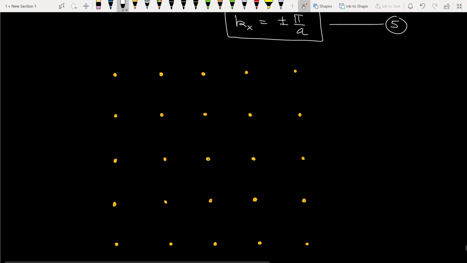So let this represent the kx direction, and this represent the ky direction. Then we will try to find the various equations.